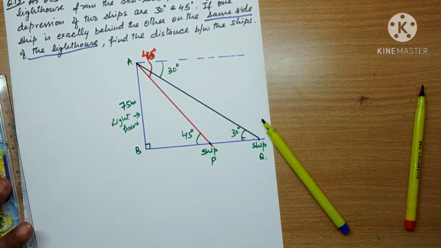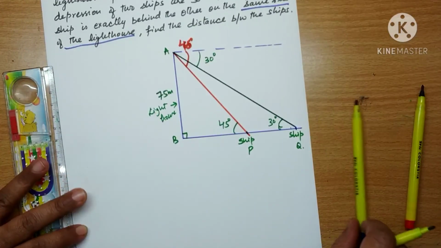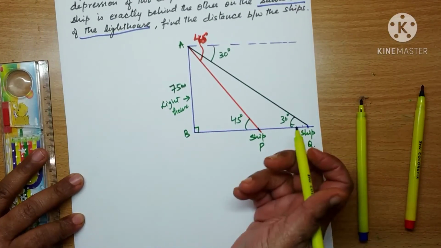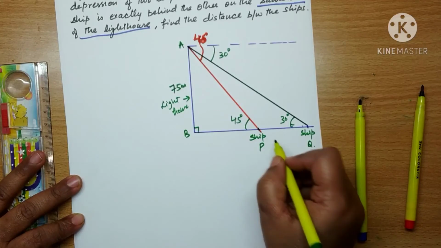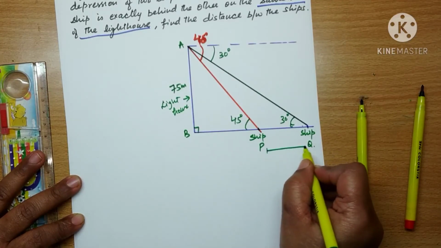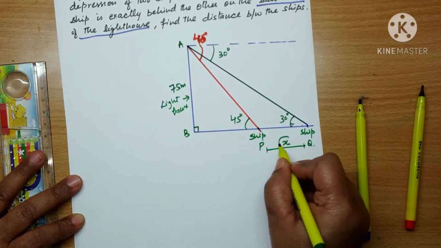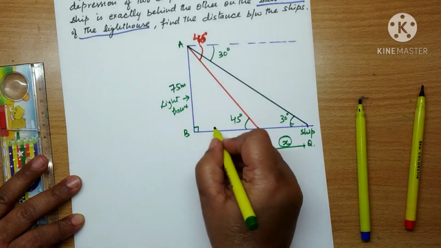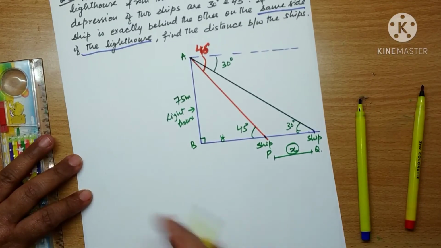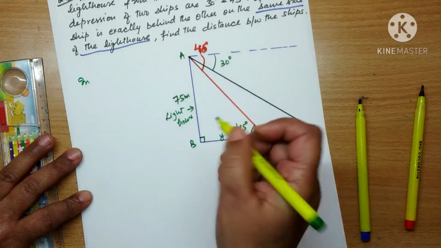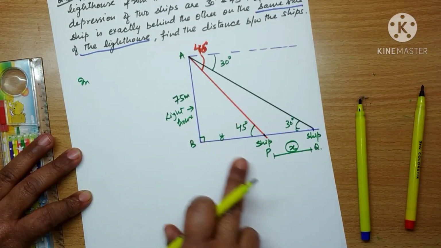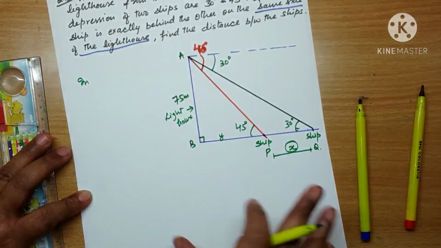Describe the figure. Mark the angle of depressions. Let us start with the question. We need to find out the distance between the ships. Distance between the ships is this PQ. I am looking for this distance X. Let's call this Y. Now we have described the figure here, so no need to write it separately also.